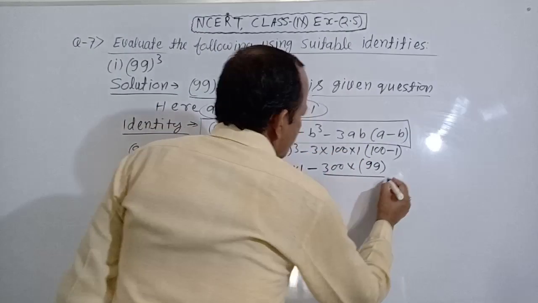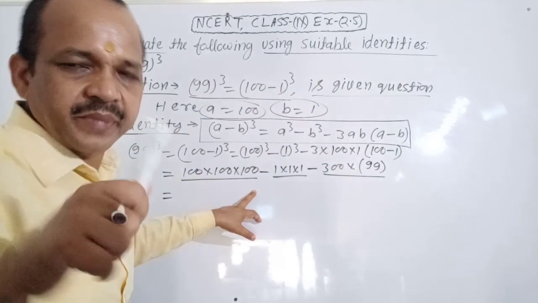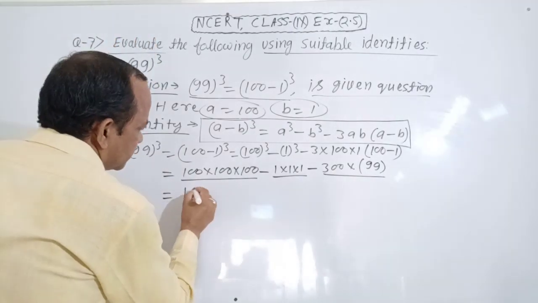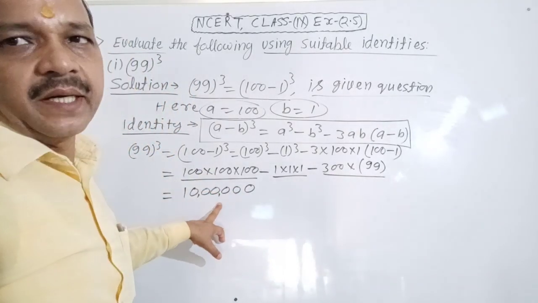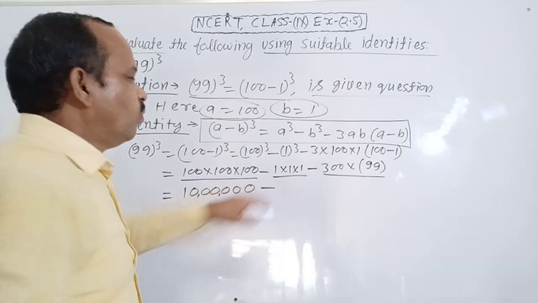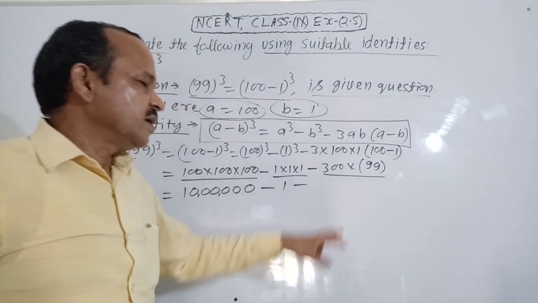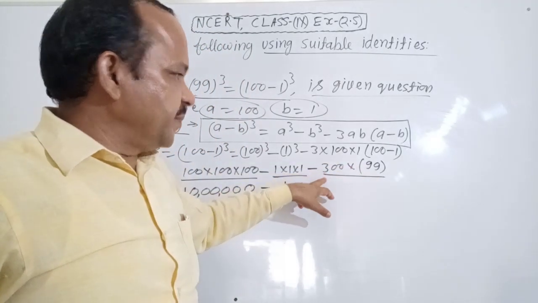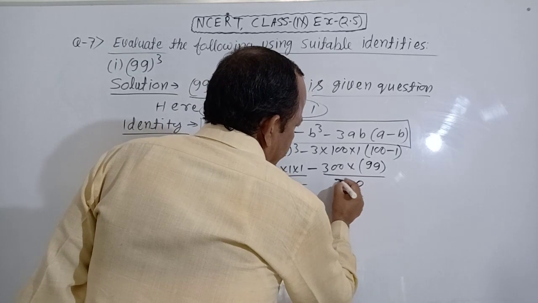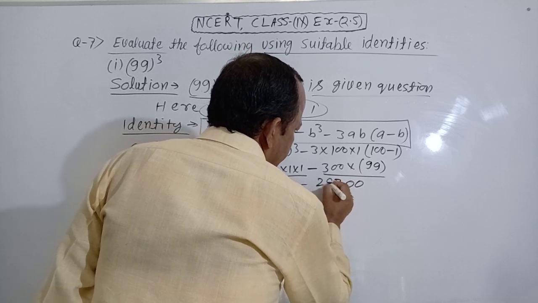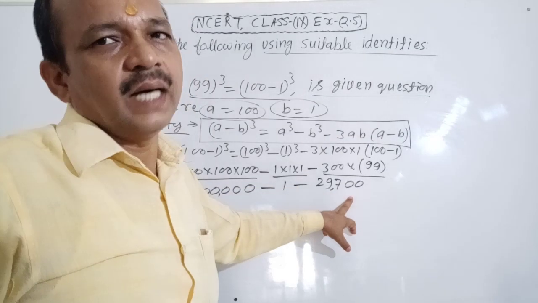Very good. You can write 100 multiply 100 multiply 100, 3 times, becomes 10 lakh. It becomes 10 lakh minus 1 multiply 1 becomes 1, minus 99 multiply 300 becomes 29,700. It is clear?